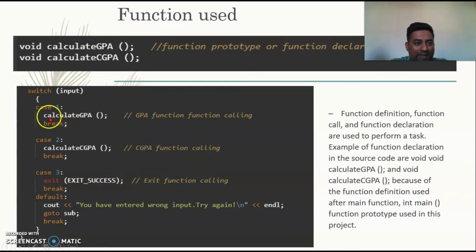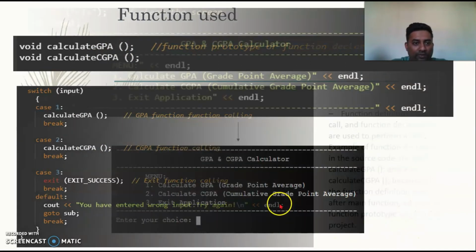As you can see, we call these three functions: calculate GPA, calculate CGPA, and also the exit function. Because we use function calling before the function declaration, we need to use a function prototype.